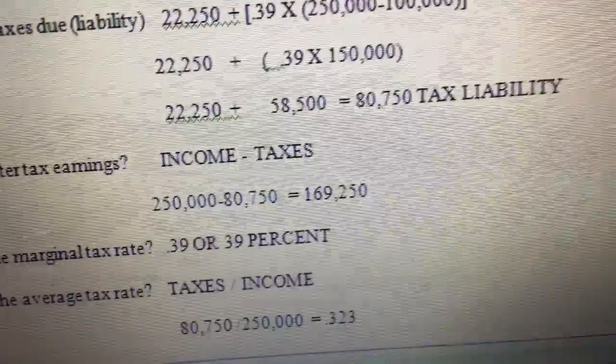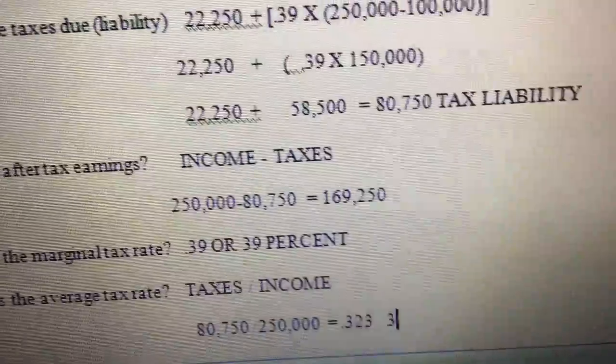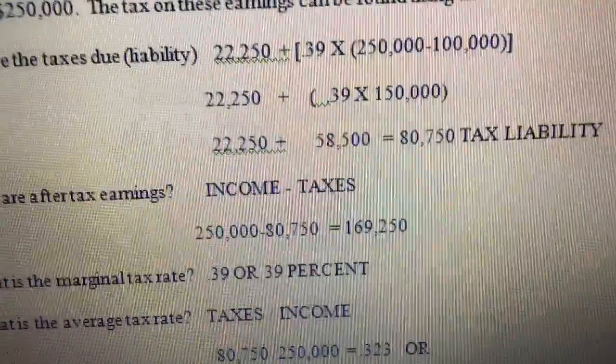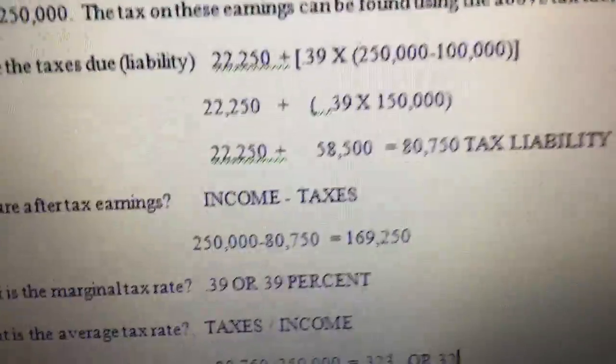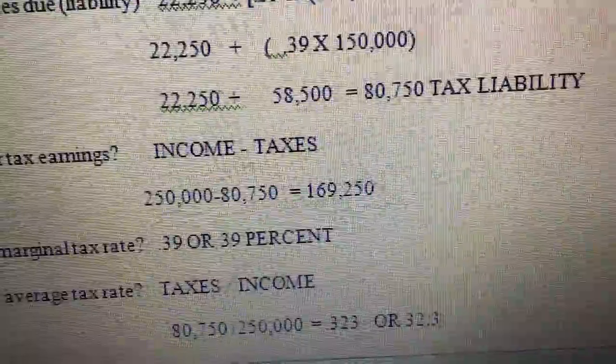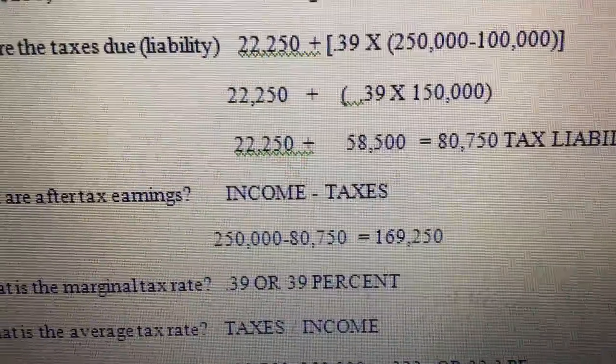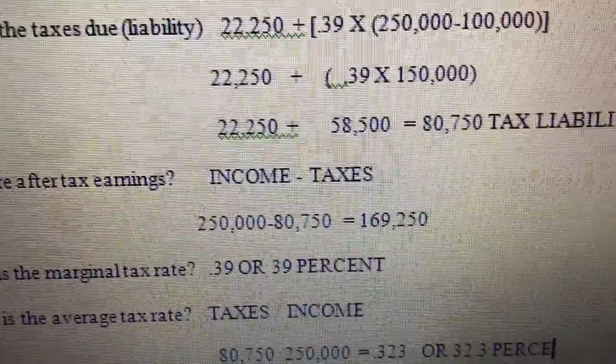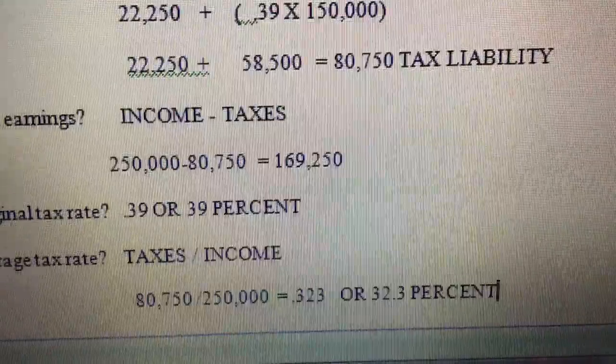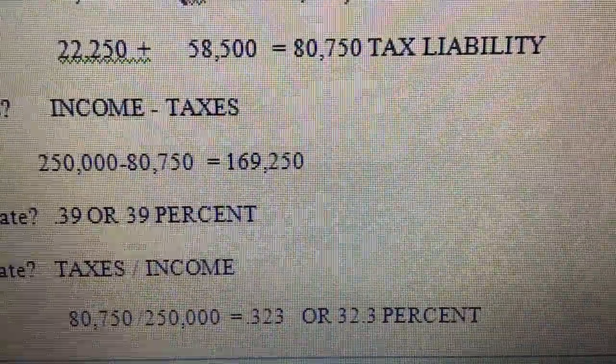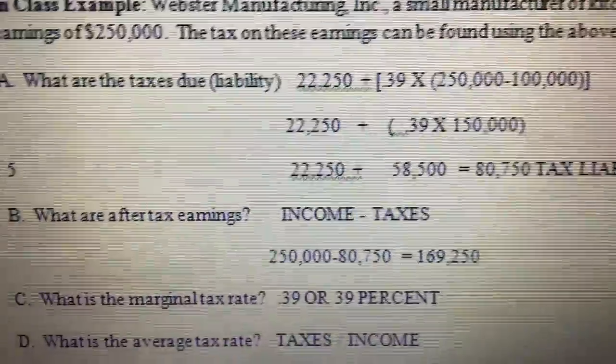So you're looking at 32.3%. Okay? Alright, we've worked through an entire problem.